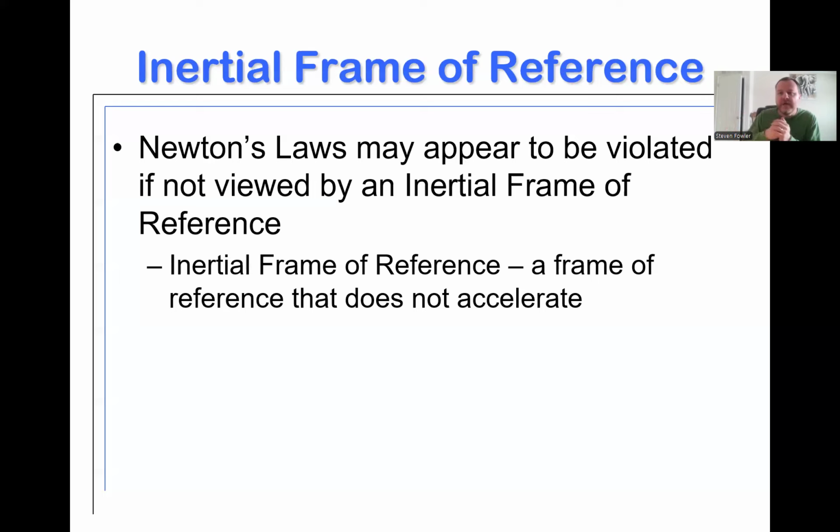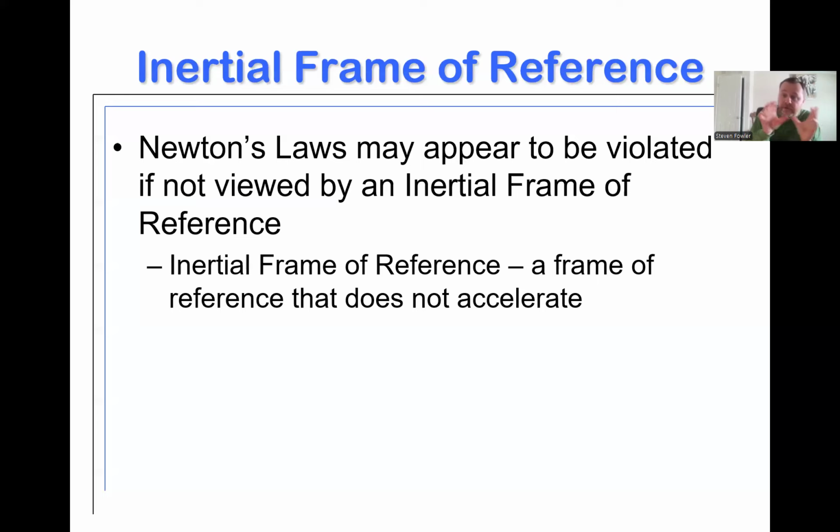So to us, the surface of the Earth is the closest thing we can point to easily and say, here's an inertial frame of reference. Is something's motion changing relative to the motion of the surface of the Earth?